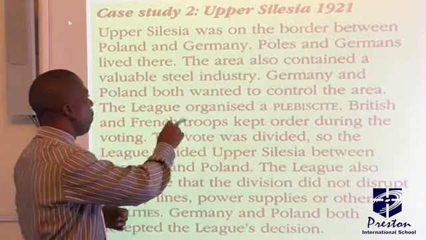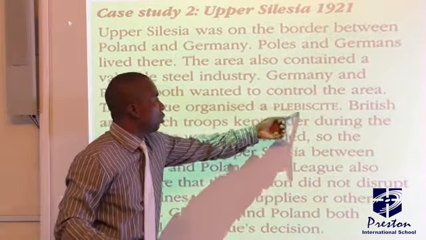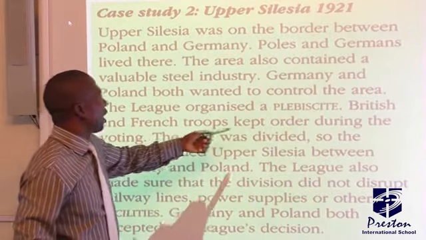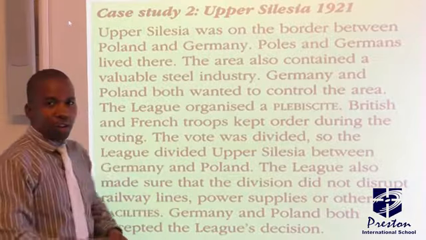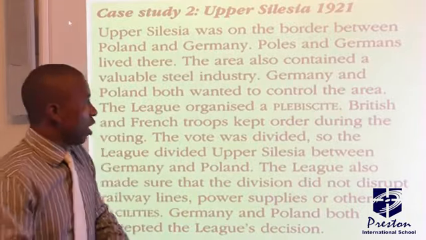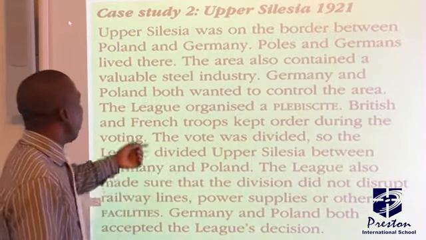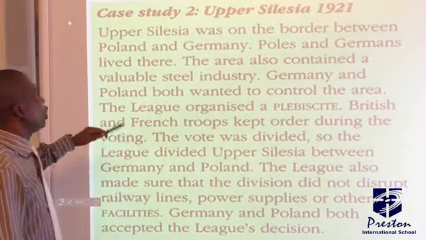Now, the League of Nations promised a vote. British and French troops kept order during this voting. There was a vote, which we call a referendum. People had to decide whether to stay with Germany or to stay with Poland.